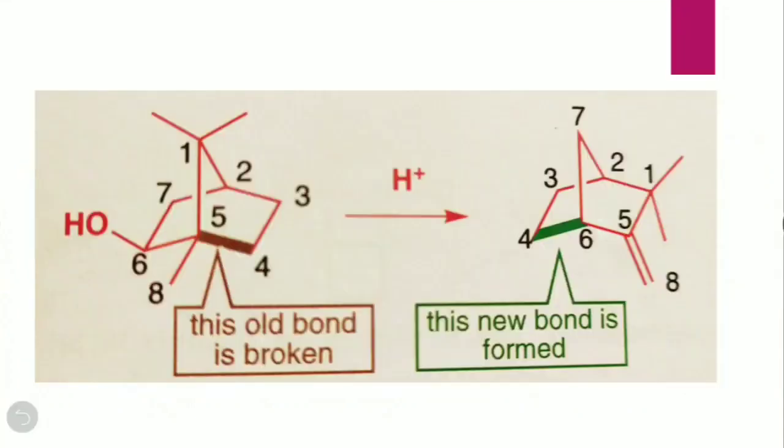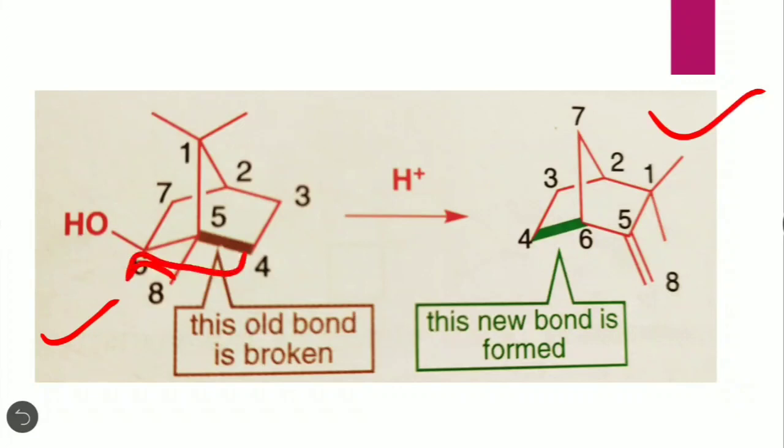So for simplicity, we will give numbering to all the carbons present in this molecule, and in this product also. What is the difference you can see? Over here, the bond between the fourth carbon and the fifth carbon is broken, and a new bond is formed between the fourth and the sixth carbon.